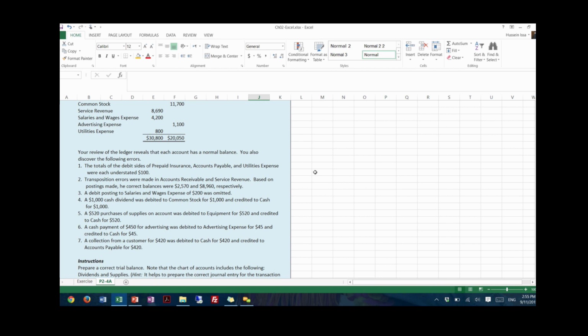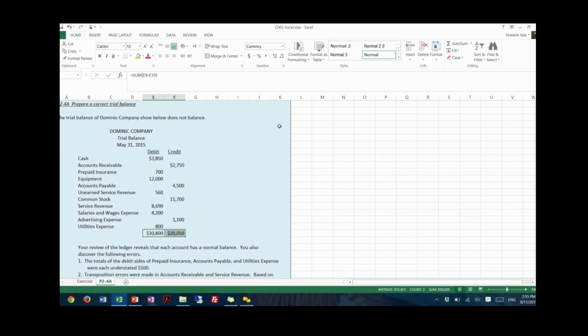This is another one that I wanted to show you, and I'm almost certain that you will have a problem like this in the exam and the homework. This is where you have a trial balance that does not really balance. So you ended up with certain numbers, and then you know that there were certain mistakes.